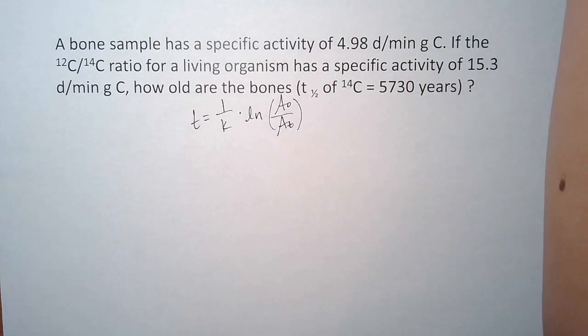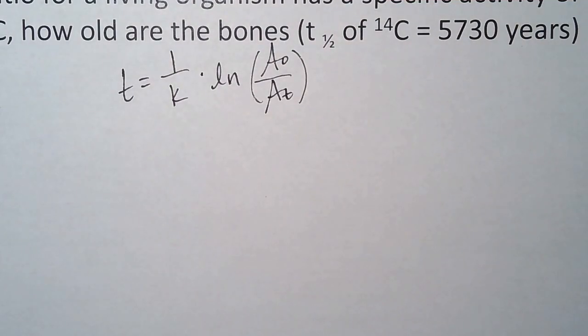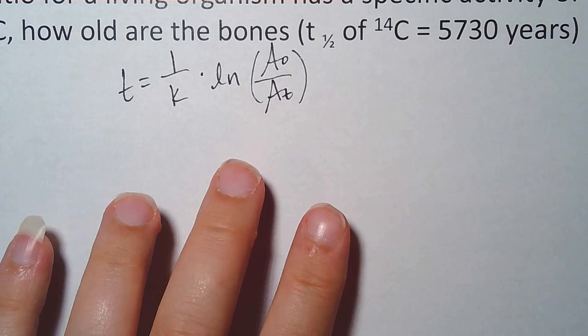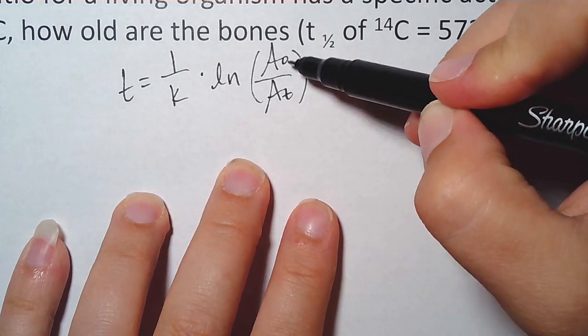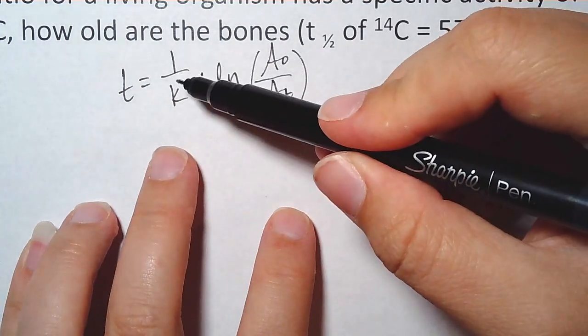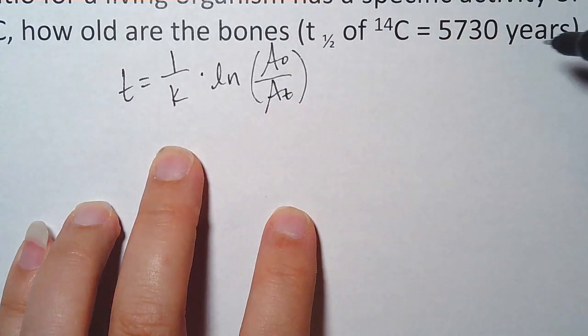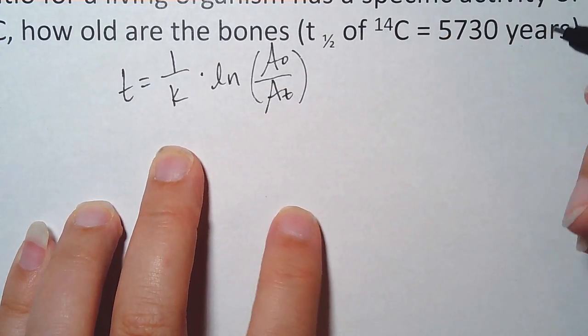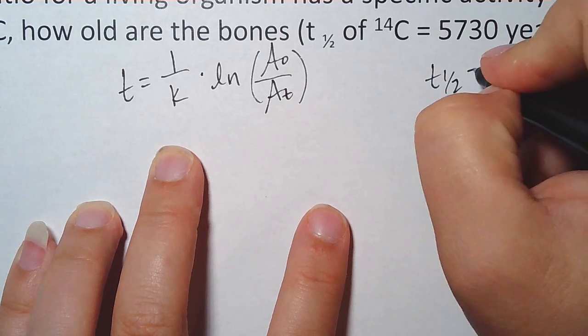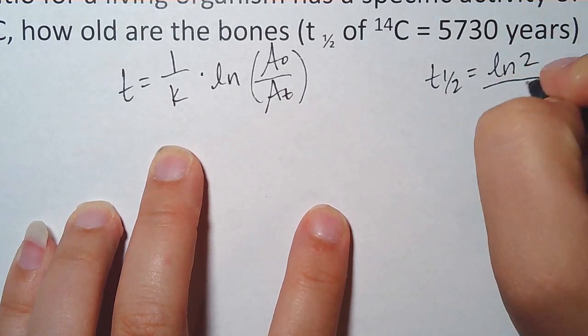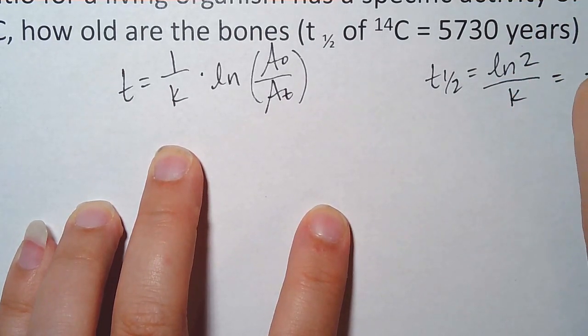So if we look at our equation, we have our two specific activities, but we don't have k yet. That's what we're going to use this half-life information for. So remember, half-life is ln of 2 over k. So ln of 2 over k is equal to 5,730 years.